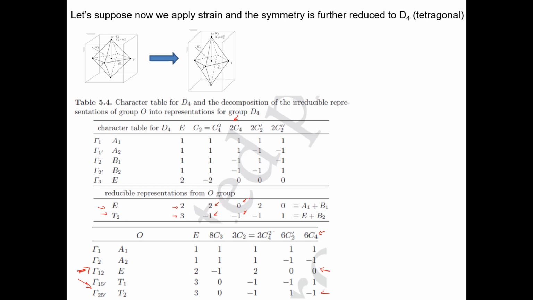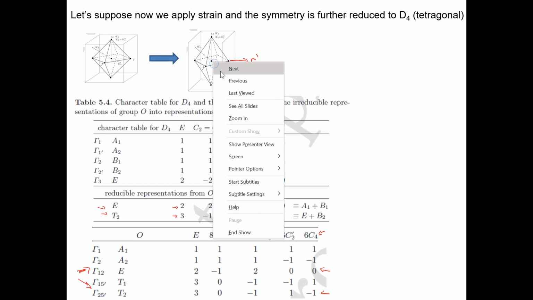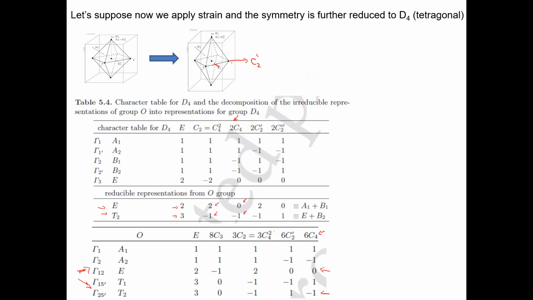Okay? Alright, so now we need to be careful because for the D4 I have 2 types of C2 axis. I have C2 prime, this is C2 prime, and I have C2 double prime, which is this axis right here. This is the C2 double prime. And they correspond to different operations of the original cubic group.